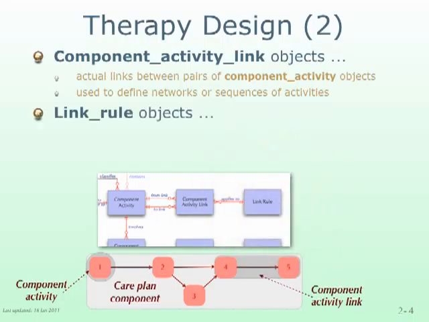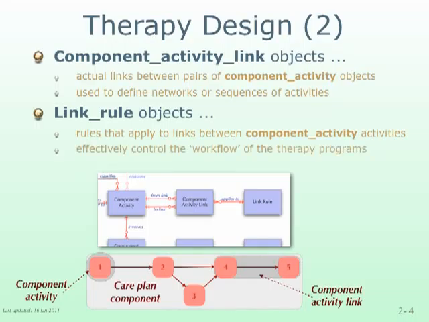Then there are the link rule data objects that represent rules that apply to specific links between pairs of component activities. That is, to component activity link data objects. These link rule data objects effectively control the workflow for therapy programs.